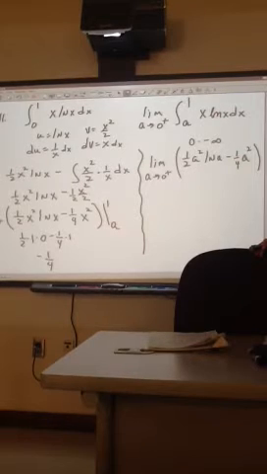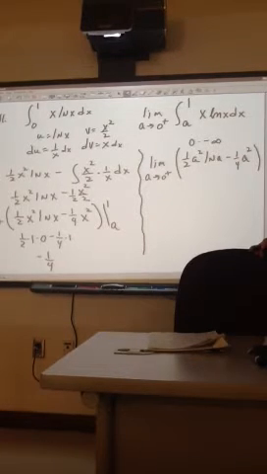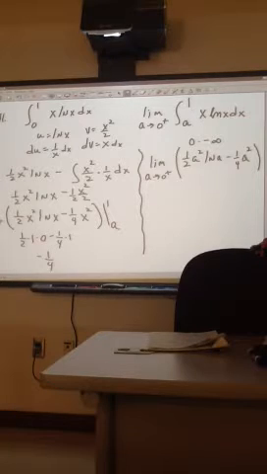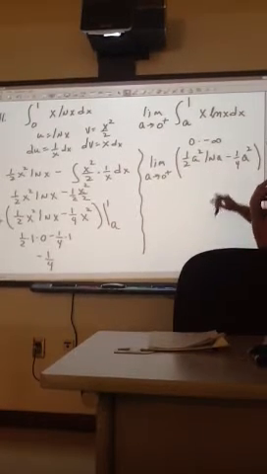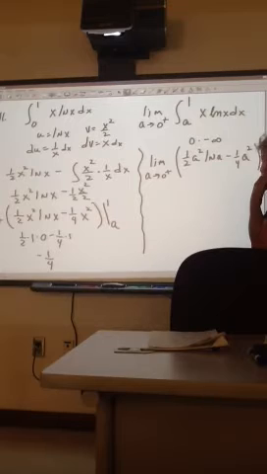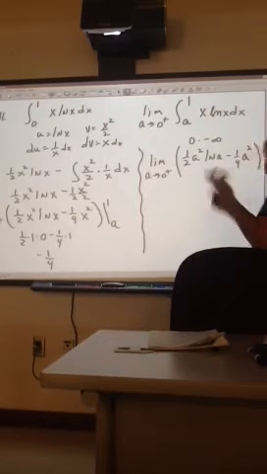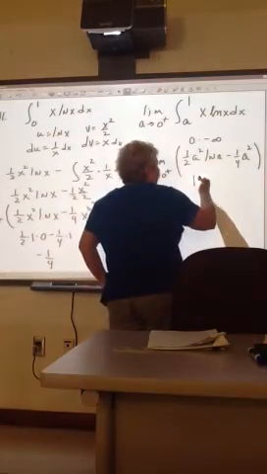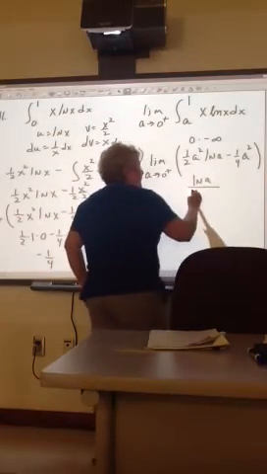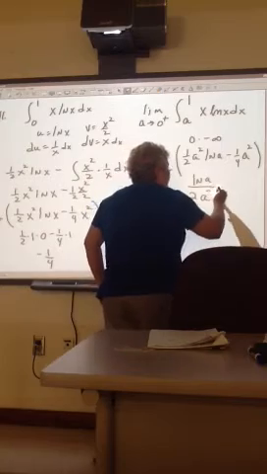So this was the one where you have to rewrite it so you can turn it into a L'Hopital's. So let's see. What if we do a fraction, make a squared into a to the negative 2? Sounds like a great idea. ln of a over a to the negative 2.